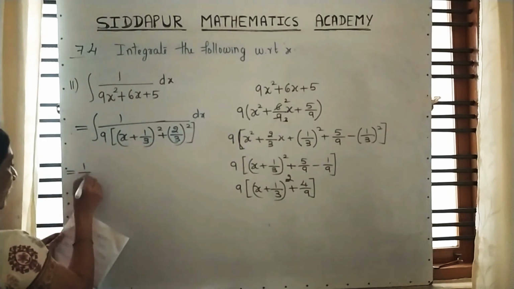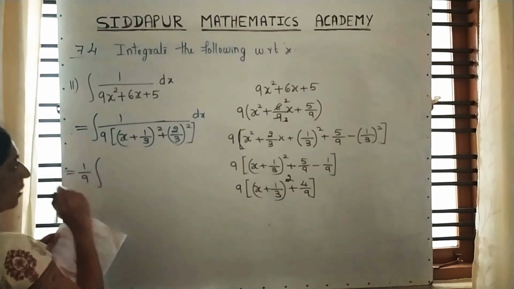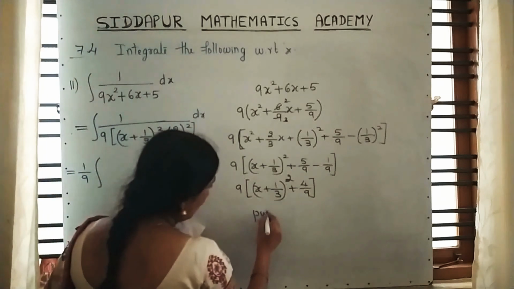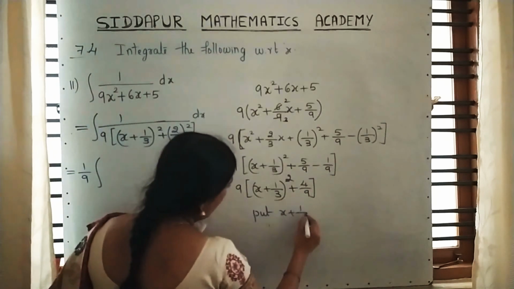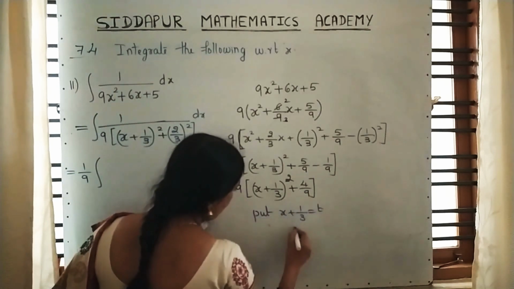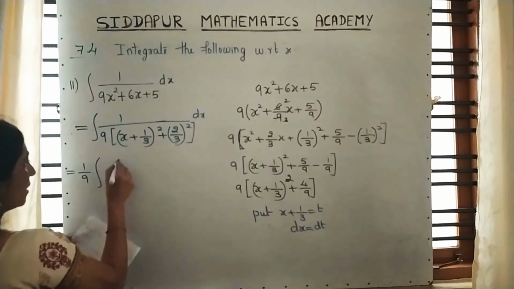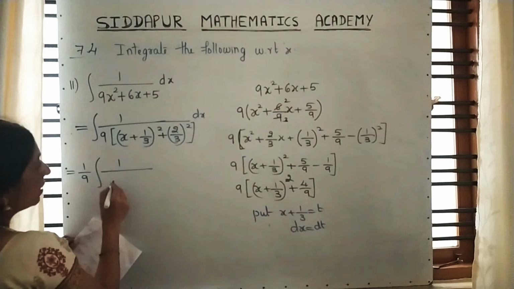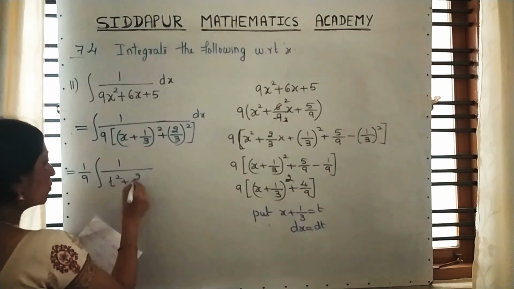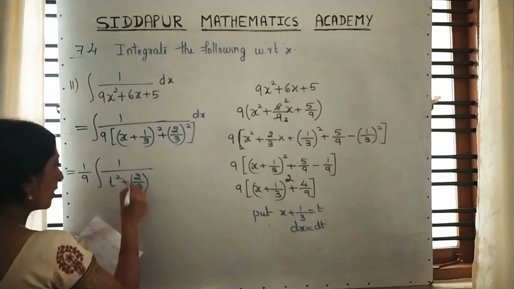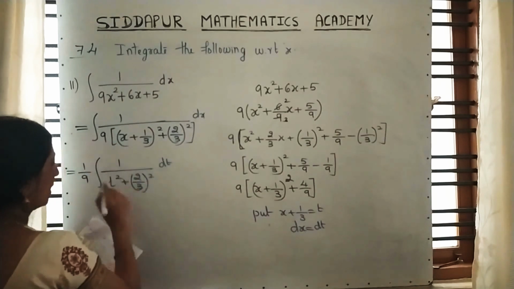I kept 1 by 9 outside as it is, and for our convenience I am putting x plus 1 by 3 as t. dx is dt. It is 1 upon t square plus 2 by 3 whole square into dt.